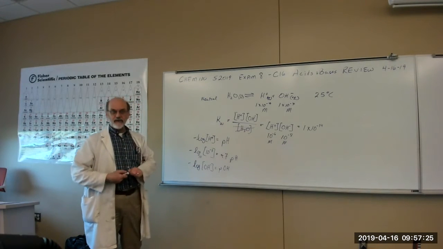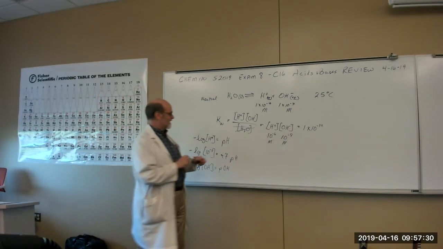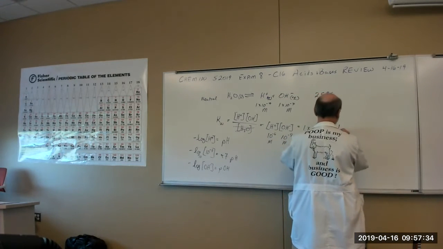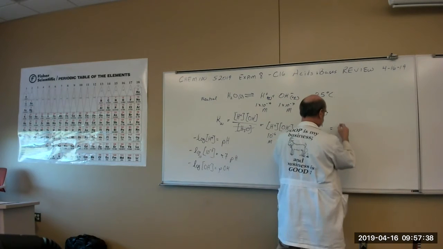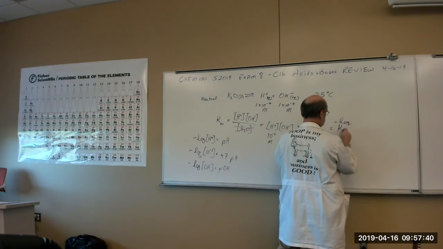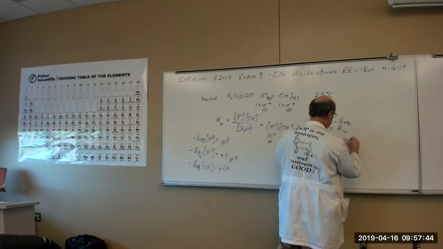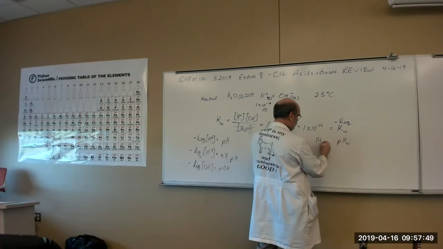So you might have guessed, we could do it to that one too. Right? This value for KW, we just take the negative log of this one, and that equals pKW. So the negative log of this is 14.